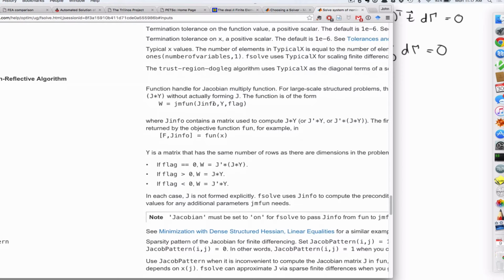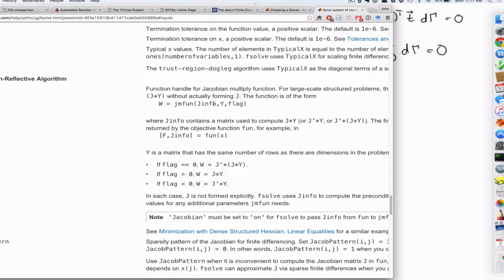What the Jacobian pattern does is, because this is something we actually know in a finite element code, it's basically the graph of the matrix. So this is your connectivity pattern. Of course, you have to remember that every node has 3 degrees of freedom.